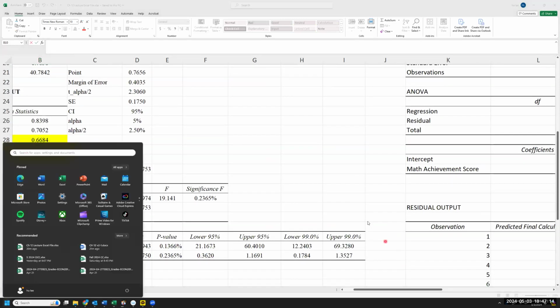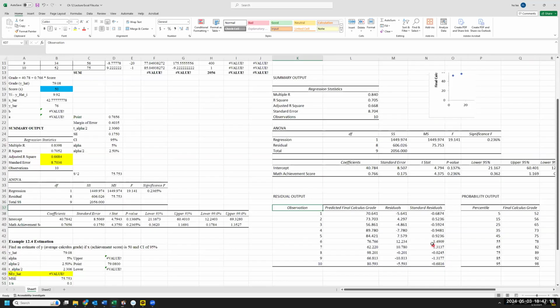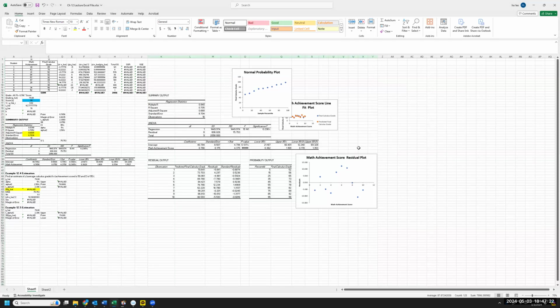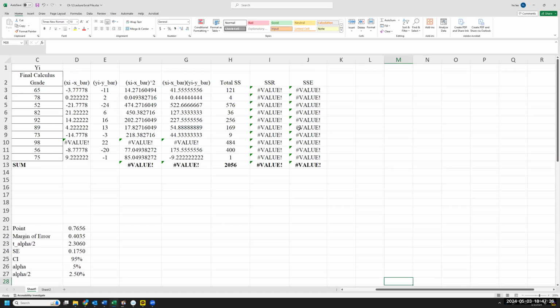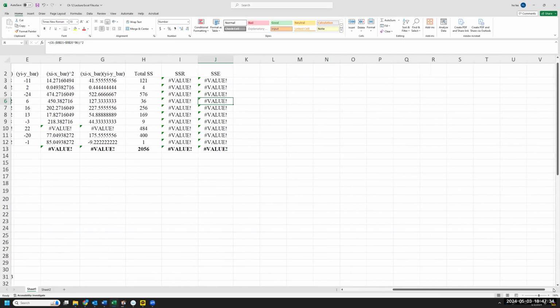I'm going to scroll out a little, delete, and we'll do it together. Oh, things apparently got erased. That's okay. We'll have to figure it out later.